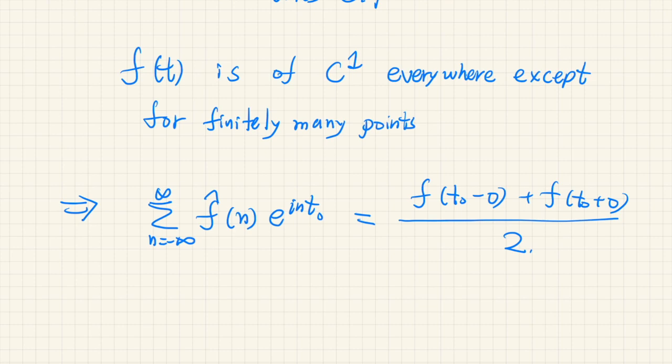That is the average between the left limit and the right limit at t0. Here I don't give the proof of this theorem, but I have another video for that, so please watch that for the details. Okay, now consider this example.